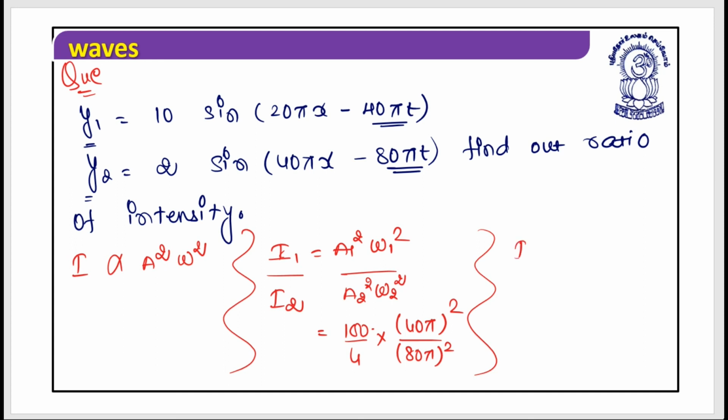So I1 is to I2 is 100 by 4, which is 25, multiplied by 40 pi over 80 pi squared, which is 1 is to 4. So this will be 25 is to 4. This will be the ratio of the intensities of the waves. I hope this is clear.